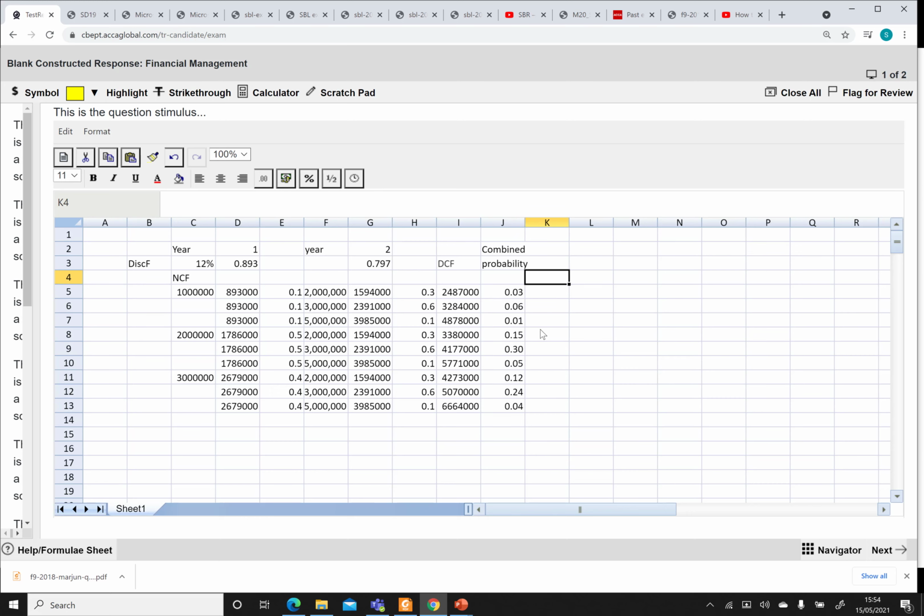We're now very, very close to our calculation. So the probability brings that in. And what do we do at the bottom? We add them all up.